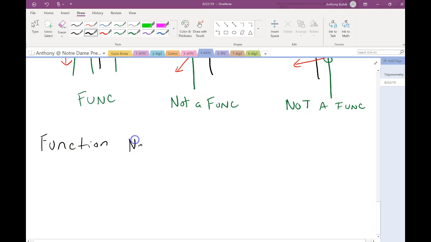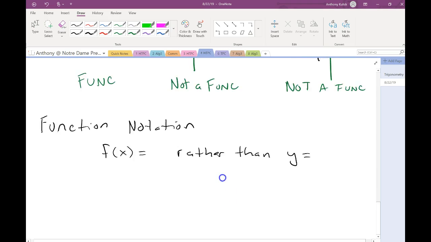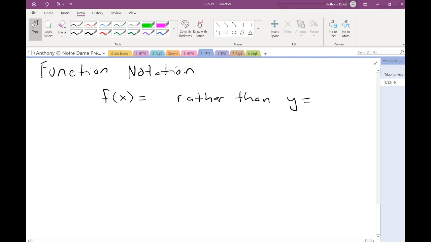Next thing I want to talk about a little bit is function notation. So when we say function notation, we really are talking about writing f of x equals rather than y equals. And to just kind of explain where that f of x notation comes from.